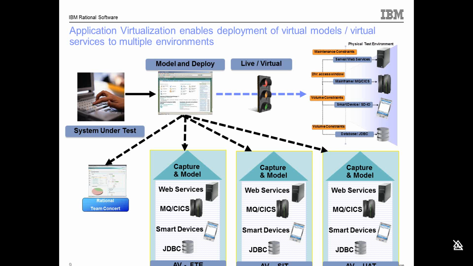I might have my functional testing team that wants certain specific configurations for their virtual services. They might want to test with certain IP addresses, certain proxies, and certain database configurations, while my system integration test team might want to test with different configurations for their databases and other systems.